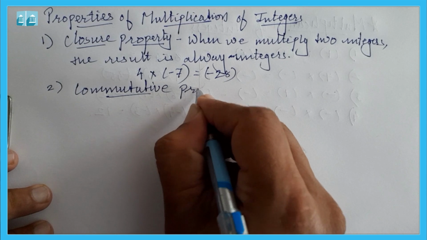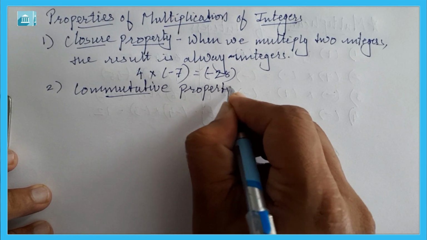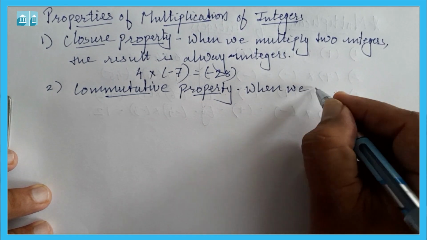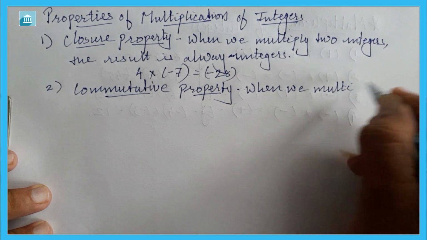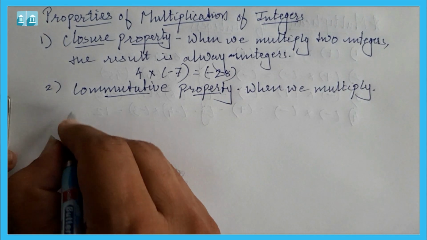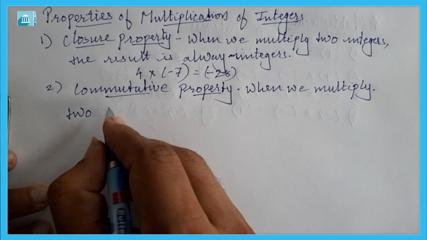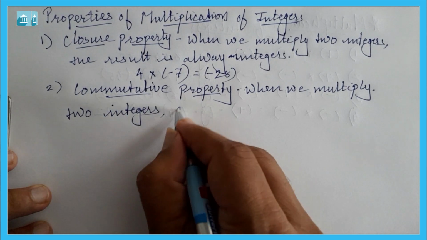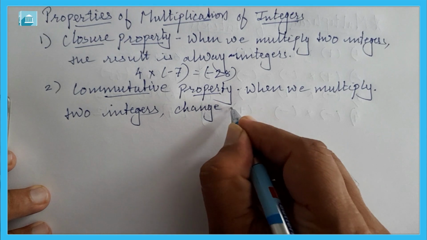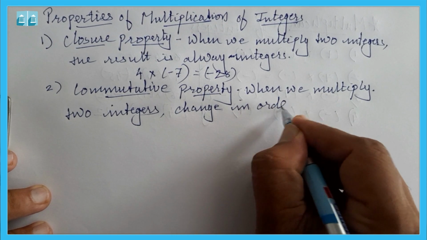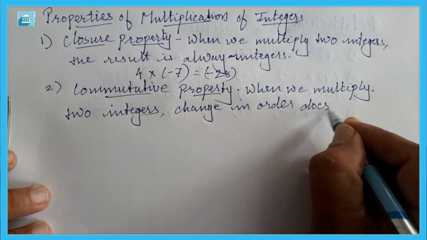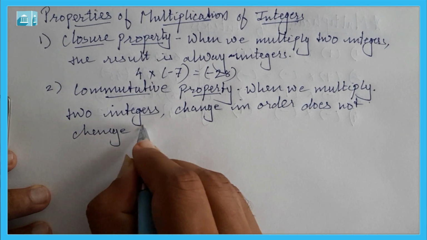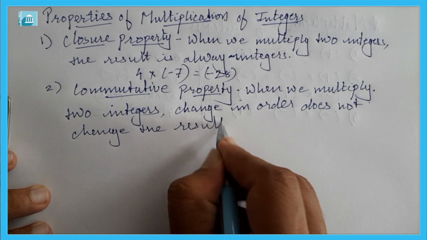Commutative property says that when we multiply two integers, change in order does not change the result.